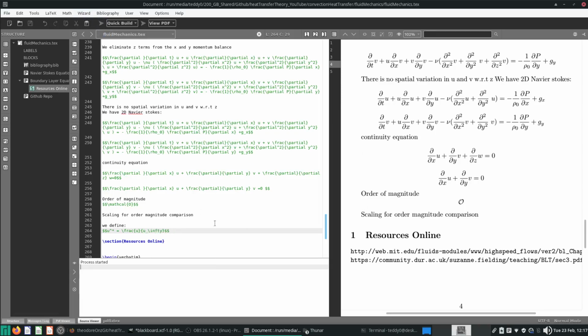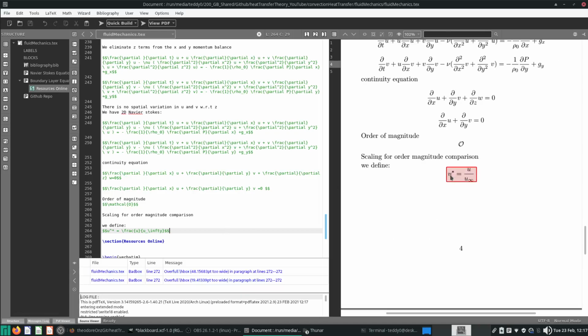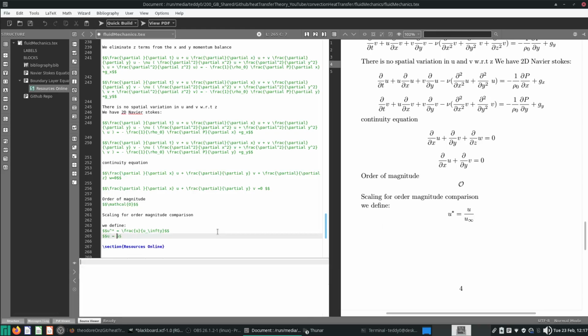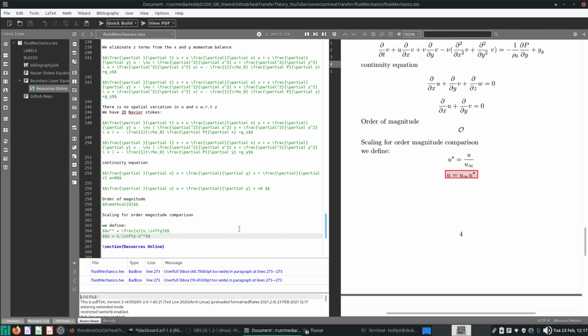This is one of the most common ways. So we substitute the expression for u, which is u equals u infinity times u star, and then we substitute all of this back into the equation here. Cool, so let's start with the simple stuff.